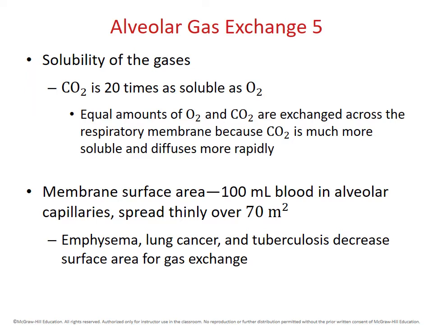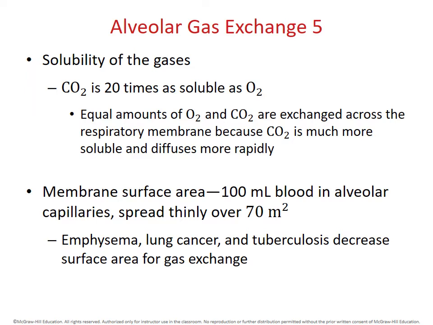All right, now again, as I said earlier, remember that we can't equilibrate the numbers. A PO2 of 104 and a PCO2 of 46 or anything like that. It doesn't matter. So you may think that more oxygen moves because the difference in the numbers between 104, say, and 40 is greater than the difference between 46 and 40, the numbers for CO2. But again, remember, carbon dioxide is way more soluble in fluid, in water, than is oxygen.